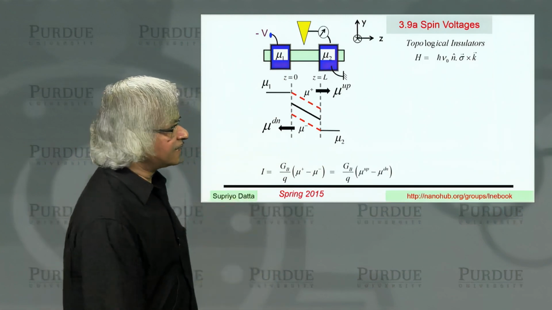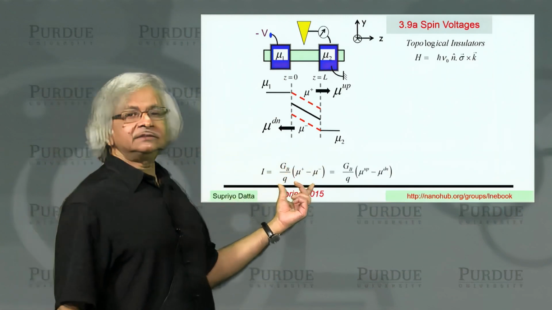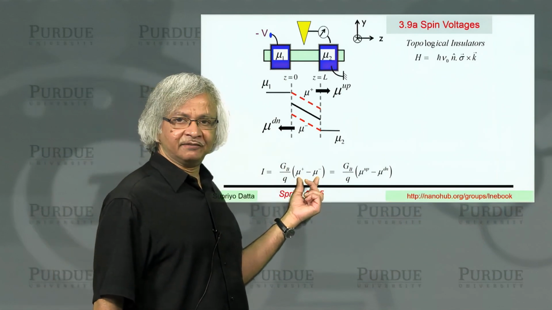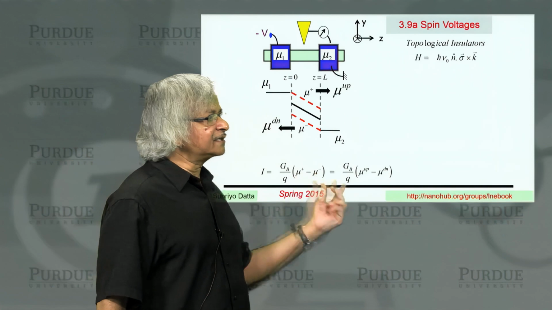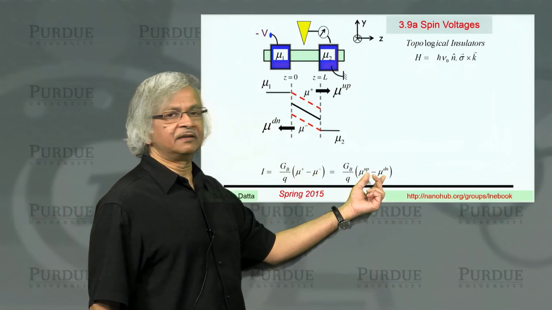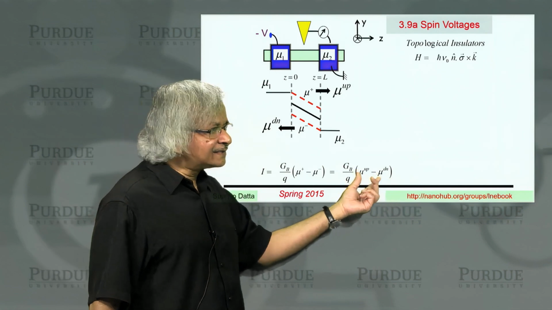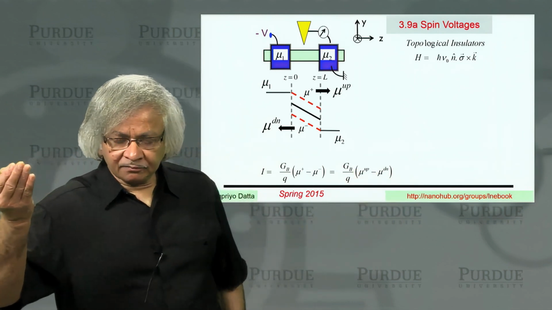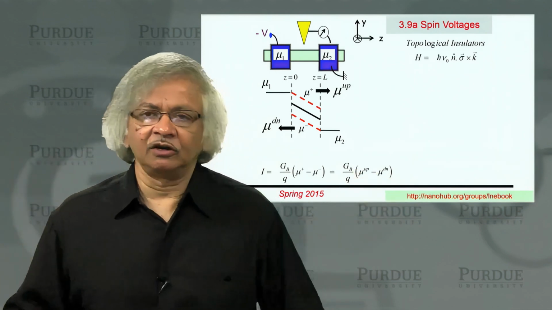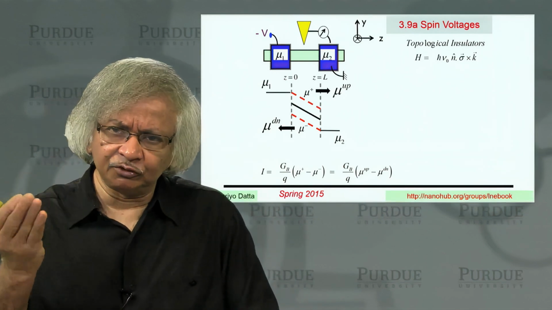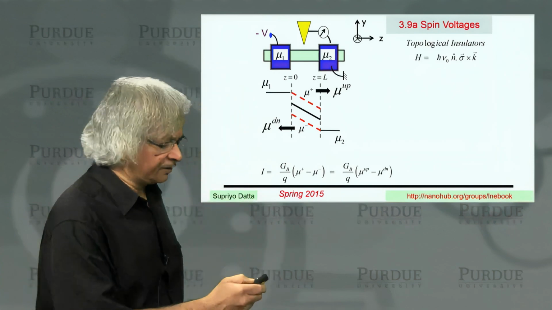So what that means is, I could write the current, which is usually this difference in quasi-Fermi levels, as the difference between the quasi-Fermi levels of up and down. And this difference between upspin and downspin potentials, that's what's called the spin potential. And we have defined it with a factor of 2, and that's just a matter of convention.